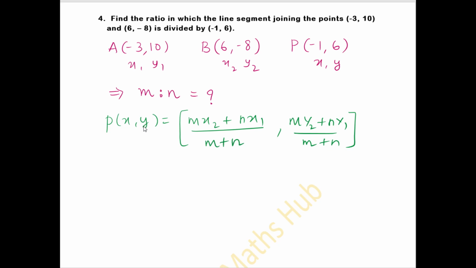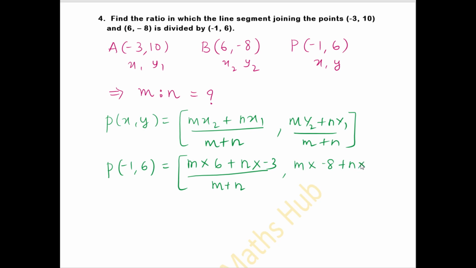Now substitute the values x, y, x2, x1, y2, y1. Now what we get? P of x comma y is minus 1 comma 6 equals, what is m? M we need to find out as it is. What is x2? x2 is 6 plus n is, we need to find out as it is, into x1 is minus 3 whole divided by m plus n as it is, comma m into y2 is minus 8, n into y1 is 10 whole divided by m plus n.